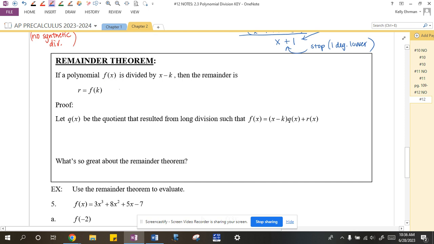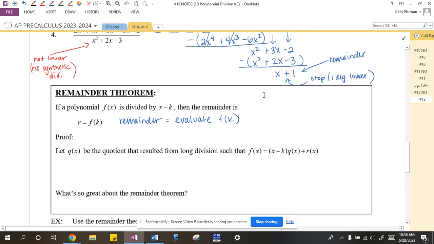So what does that mean? It means that the remainder is equal to what we get when we evaluate f of k. Okay, so what does that mean?